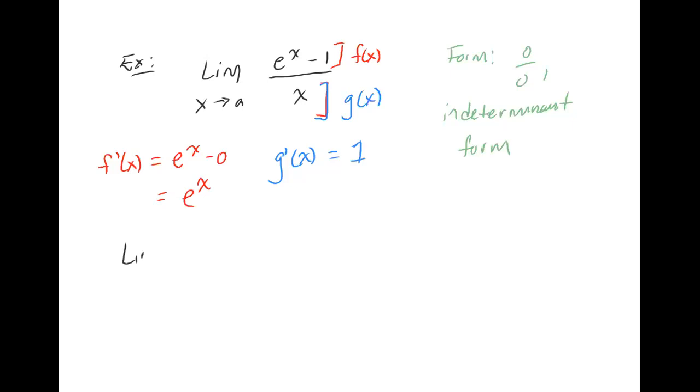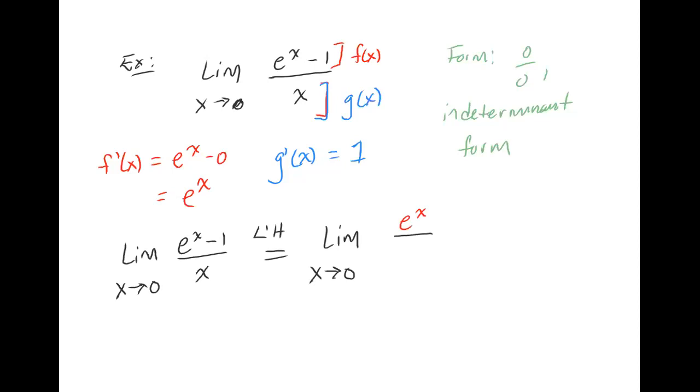I know that the limit as x approaches, I should have put 0 here, the limit as x approaches 0 of e to the x minus 1 over x is the same by L'Hopital's rule as the limit as x approaches 0 of f prime of x, which is e to the x, over g prime of x, which is 1.